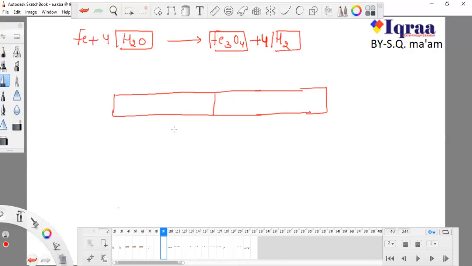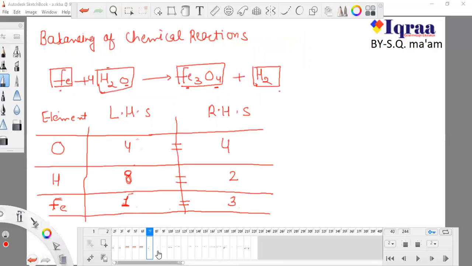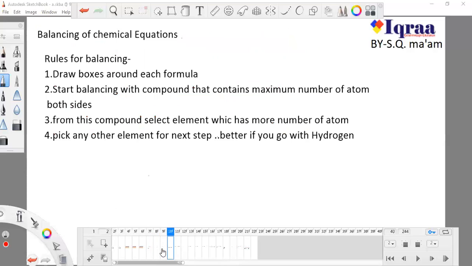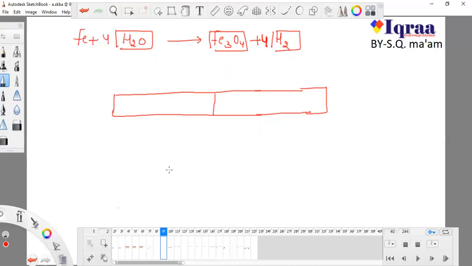But after doing 3 and 4 reactions, I will tell you a method in which we are not going to take these 1, 2, 3 pages. We will do this on a single page and within 5 minutes. I'm just showing you that if the question is a 5 mark question, then you will have to follow all the steps. Otherwise, if it is only a 1 mark question, then we will go for the direct method.